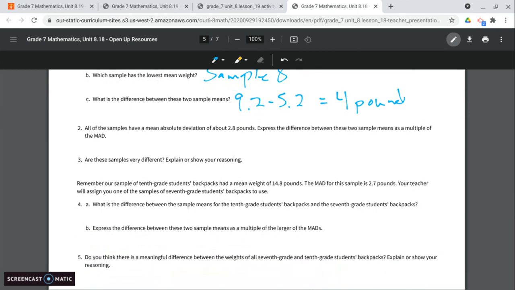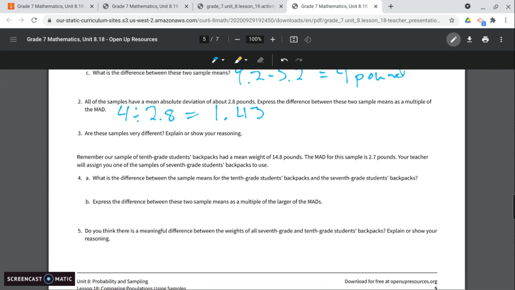Express the difference between these two samples as a multiple of the mean absolute deviation. So if we take 4 and divide it by 2.8, we get 1.43. So taking the mean absolute deviation times 1.43 gives us the difference between our means.